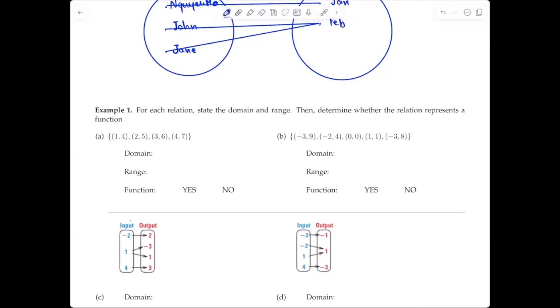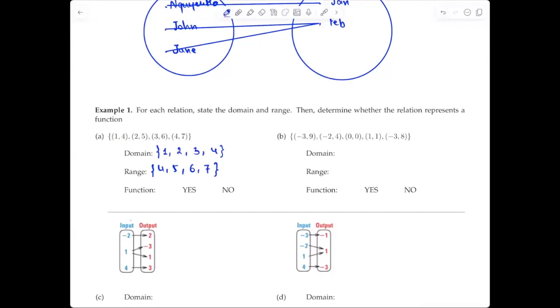So the domain is the set of all possible x values, and the set is written with curly braces. Okay, so the domain is the set of all possible x values. So {1, 2, 3, 4}. And the range is the set of all possible y values. So {4, 5, 6, 7}.